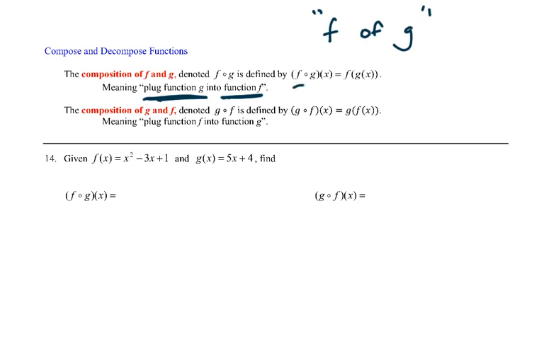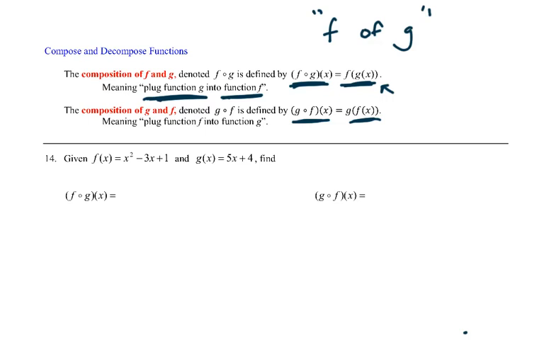Sometimes you'll see it represented this way. Sometimes you'll see it represented this way. My preferred way is this way. I think it makes more sense because you're plugging in the g of x into the f of x, and I don't get confused by the order. But you could possibly see that both ways. Okay, same thing here. You might see it as g o f of x or g evaluating at f of x.